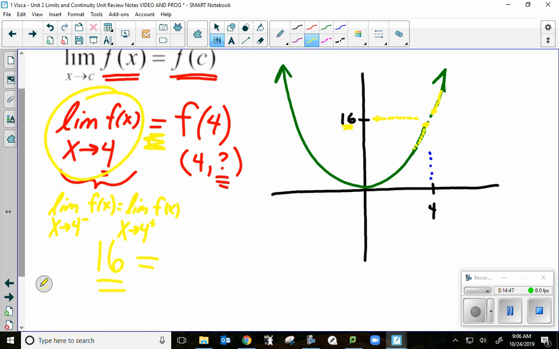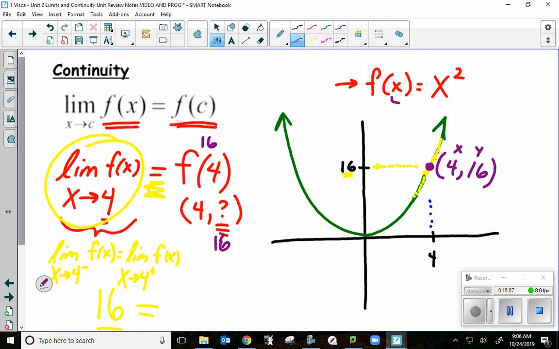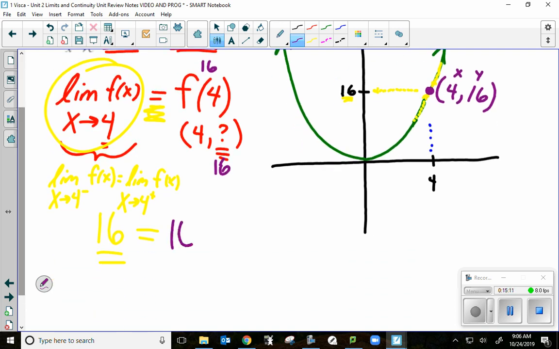Does it actually equal the point? I hope so. The point right here, that coordinate is actually 4, 16. When I plug in 4, I get an output of 16. f of 4 actually is 16, because f of x is x squared. What happens when I throw my 4 in here? I get 16. So it does equal 16.